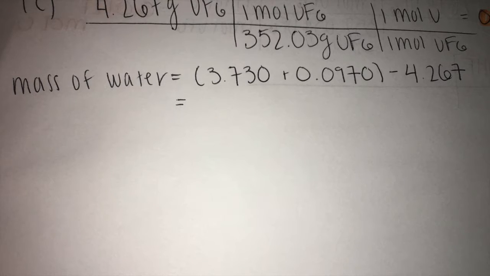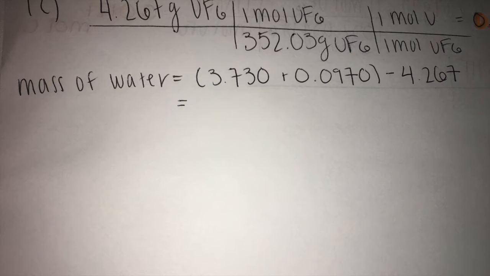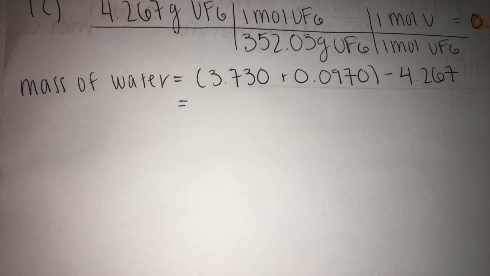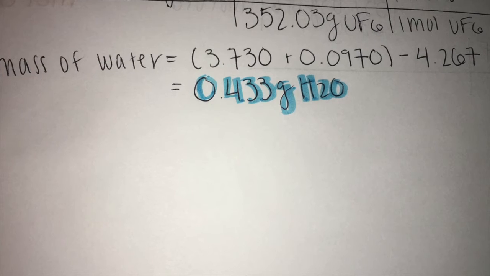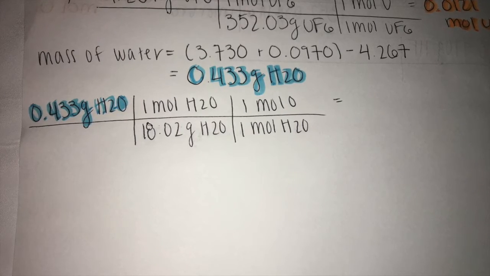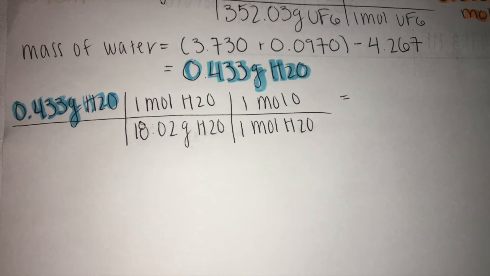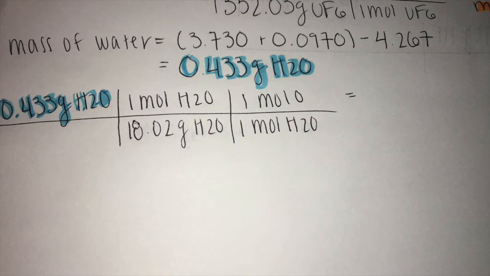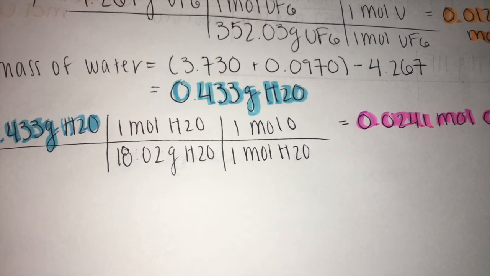So I know that 3.73 grams of the unknown solid plus 0.97 grams of hydrogen fluoride minus the 4.26 grams of uranium fluoride should equal the mass of water, which equals 0.433 grams of water. Now I can finally convert from grams of water into moles of oxygen. To do this, I do what I've done before by dividing by the molar mass and then multiplying by the molar ratio of 1 mole of oxygen to 1 mole of H2O. We get an answer of 0.0241 moles of oxygen.